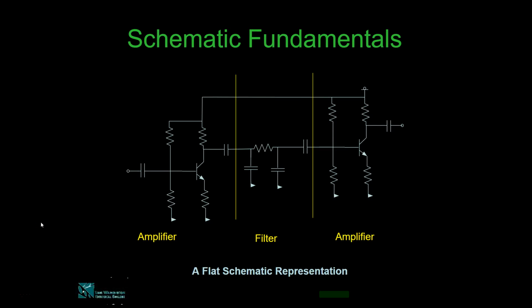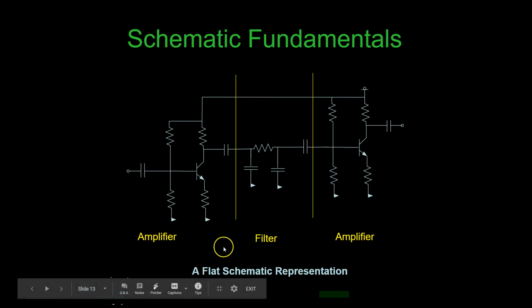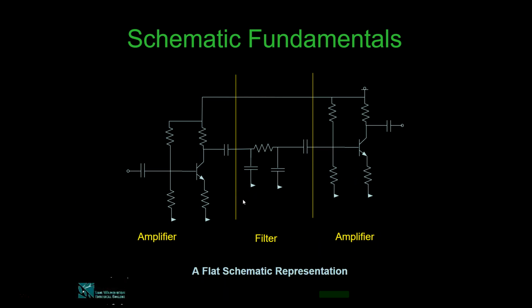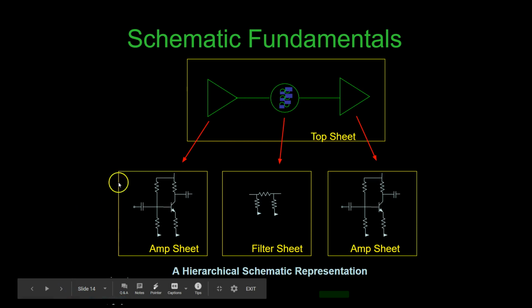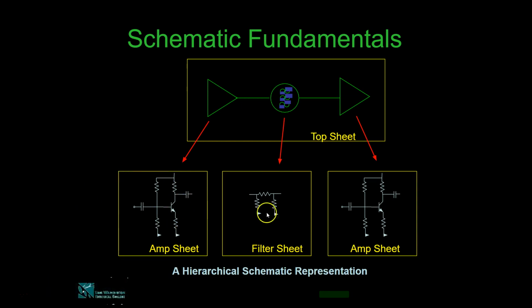Now further, here is an example circuit which is divided into three different circuits: amplifier, filter, and amplifier. When you work in PCB software, you can use hierarchical representation, which I'll show you in the next slide. So this is the hierarchical schematic representation. You can break your circuits like this, and then put them under these kinds of symbols.